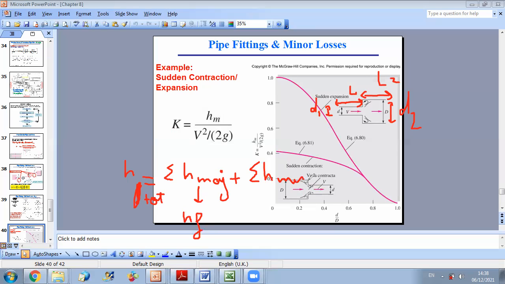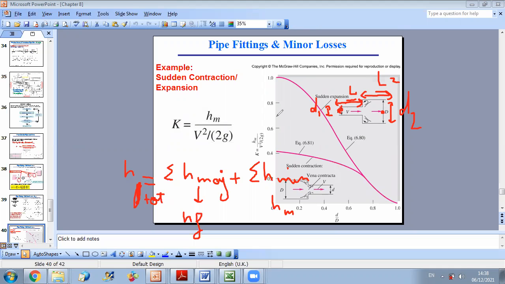Now in this example, what are the major losses, what are the minor losses? If you are going from this point to this one, first you have two parts. You have L1 and L2 and they are characterized by different diameters. So I might have a change in Reynolds number.